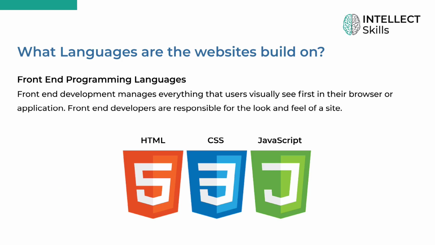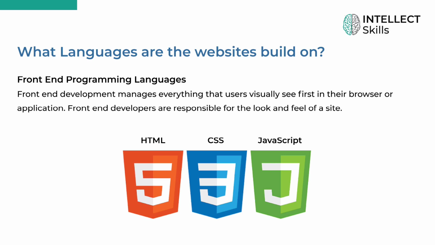So now let's discuss the languages that the websites are built on. This is completely divided into two types. The first is front-end programming languages, and the second is back-end programming languages. Let's first discuss what front-end programming languages are. Front-end development manages everything that users visually see in their browser or application.